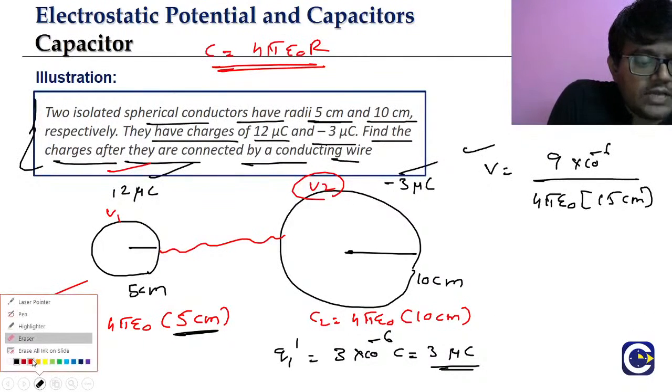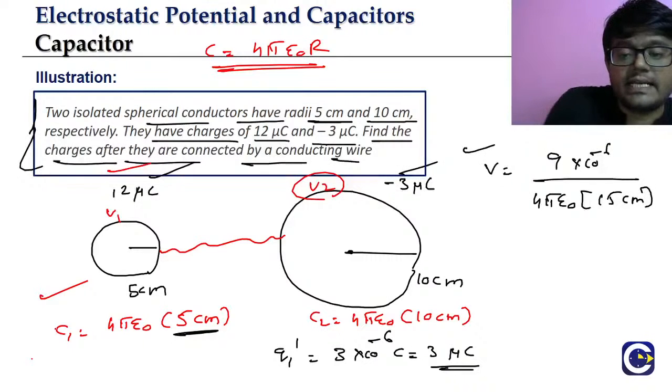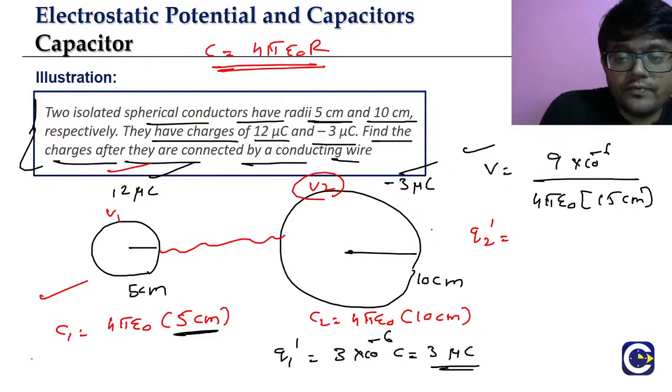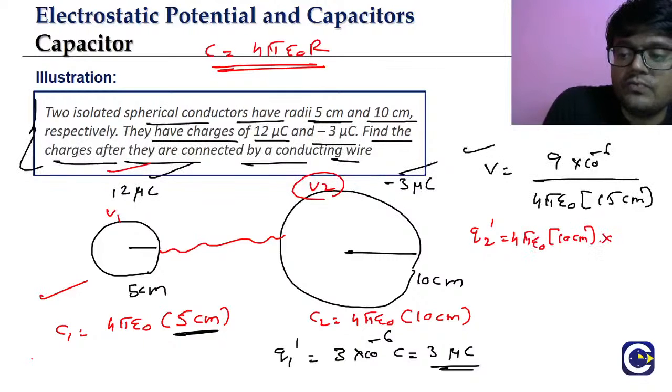Similarly, we can also calculate the charge on the second conductor. Let us say it is Q2 dash. What is it? C2 into V. C2 is 4 pi epsilon naught into 10 centimeter, into V, which is 9 into 10 power minus 6 divided by 4 pi epsilon naught into 15 centimeter.